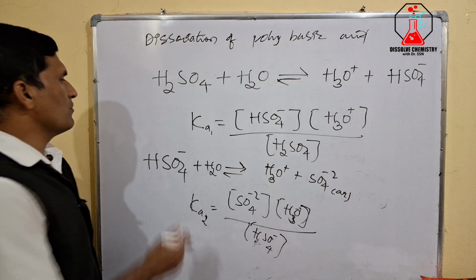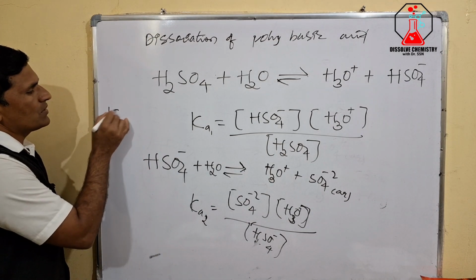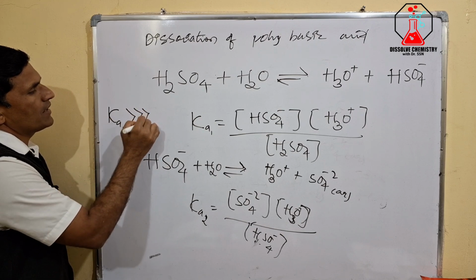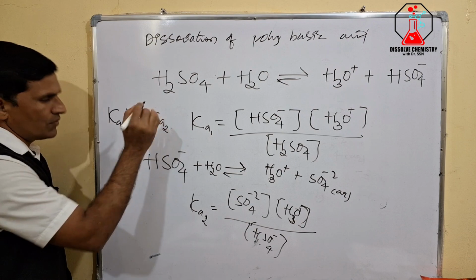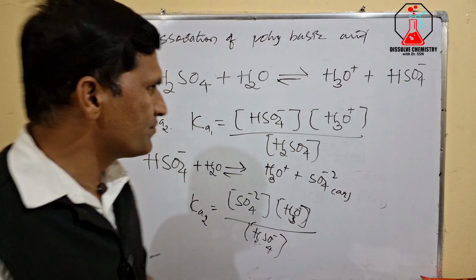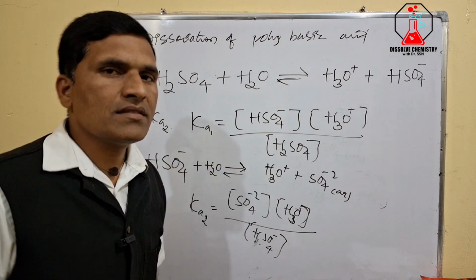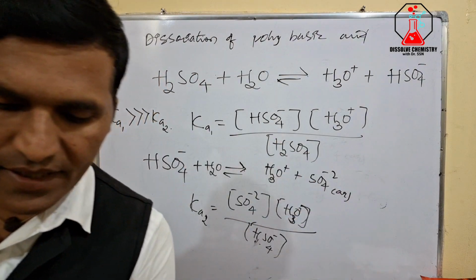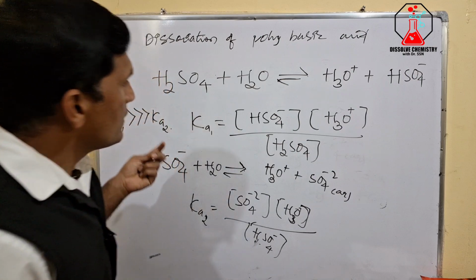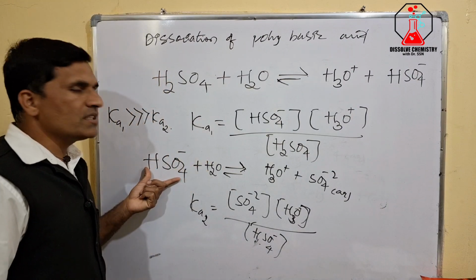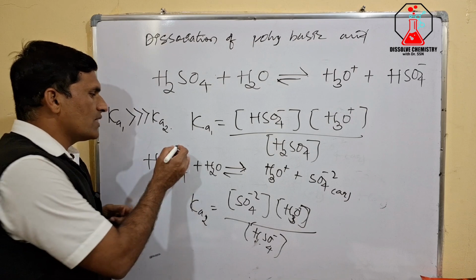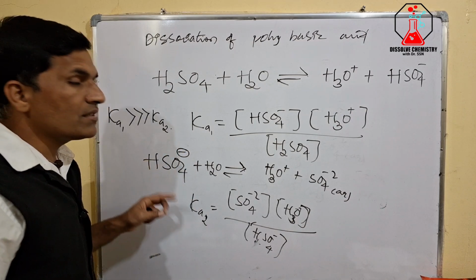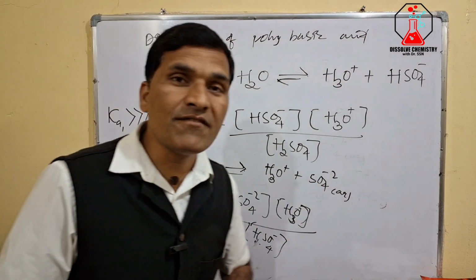Always remember that the dissociation constant Ka1 is far greater than Ka2. What is the reason for that? Once it ionizes and gives the first proton, which it does readily, the ion that is formed already has a negative charge, and donation of the next proton becomes very difficult.